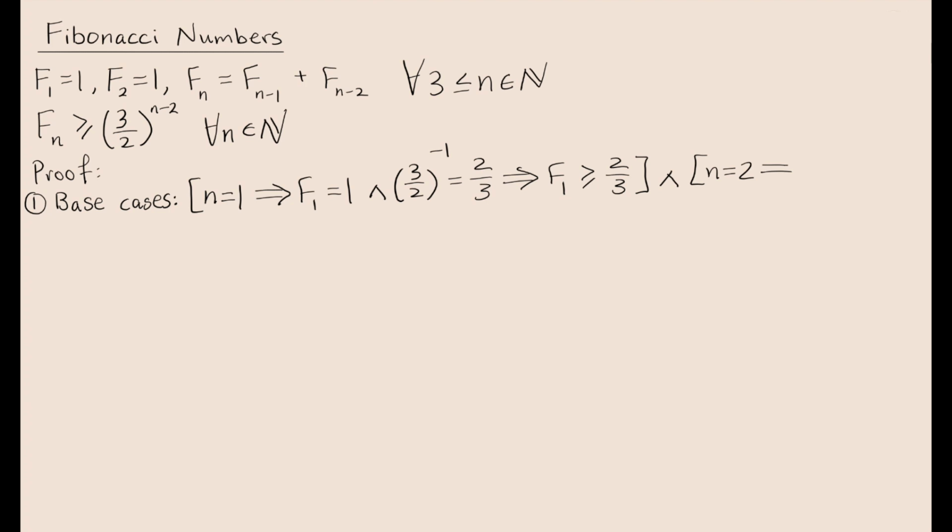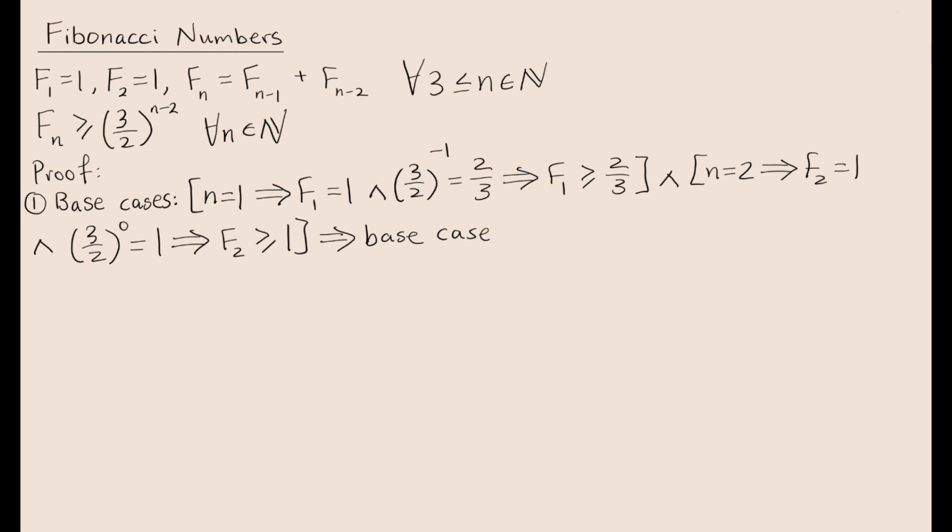So let us have two base cases, n equals 1 and n equals 2. We get that f2 is equal to 1, and 3 over 2 to the 2 minus 2, which is 0. 3 over 2 to the exponent of 0 is equal to 1. And this implies that f2 equaling 1 is indeed greater than or equal to 1. So that works. This implies that the base cases hold.